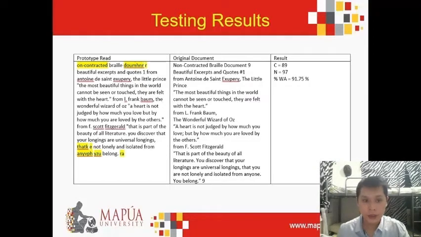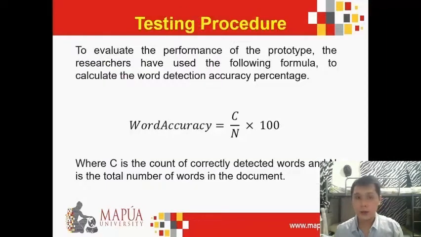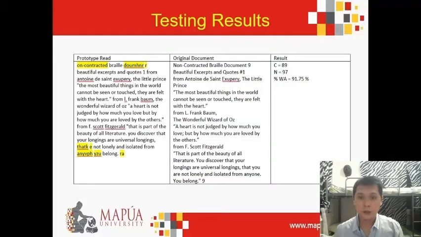You see there, we highlighted the words with yellow highlights as errors. In the left column, and at the middle column, you can see the contents of the original document. Based on our testing procedure, we get our test results, or the word accuracy rate.